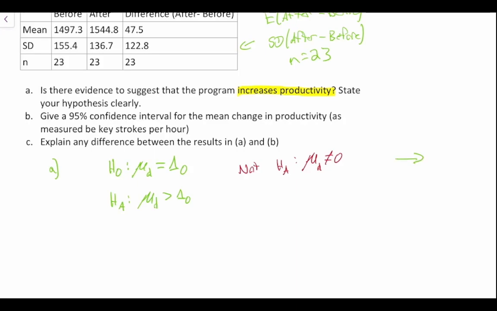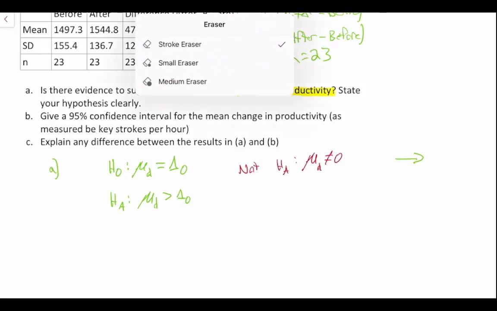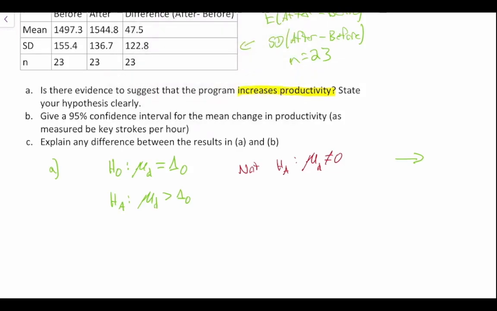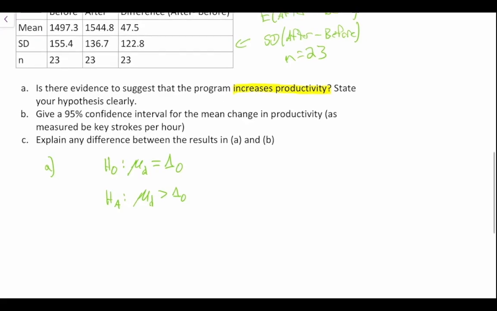In this case, increasing productivity would be greater than zero, so our after minus before would be greater than zero. So our alternative hypothesis is going to be that the mean expected difference is greater than zero. So mu d greater than delta zero.